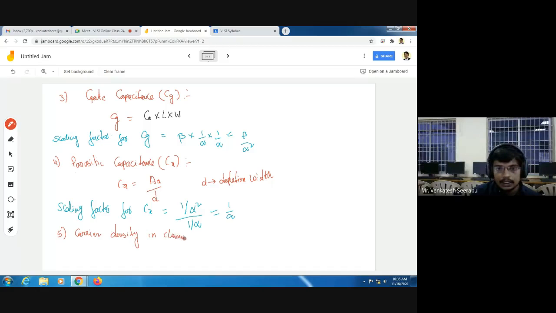Carrier density is always proportional to the charge, because the carrier density depends upon charge only. So what is the formula for Q on? Q on is equal to C naught into VGS. Now tell me, what is the scaling factor for Q on?